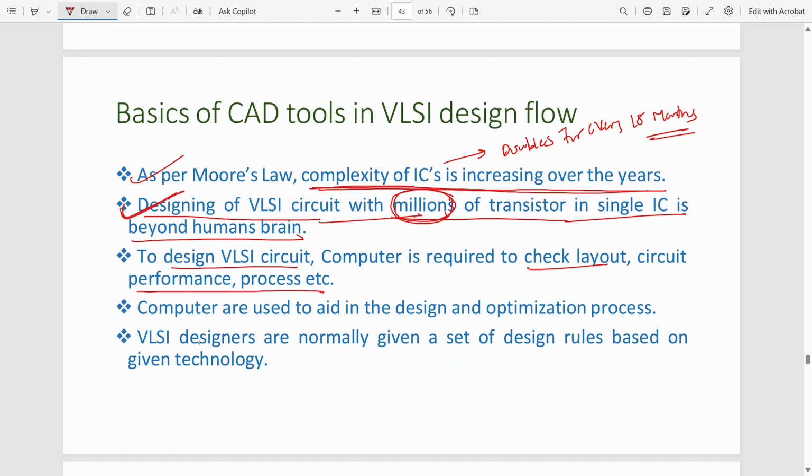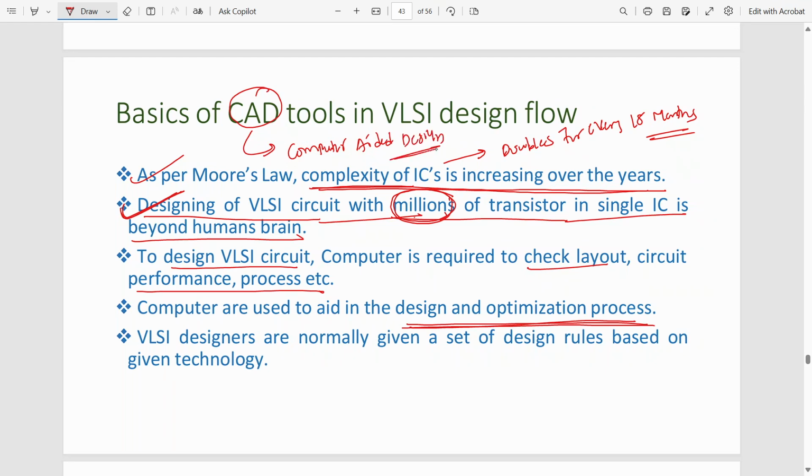Computers are used to aid the design and optimization process, and that gives us CAD tools. CAD tools are nothing but computer aided design.